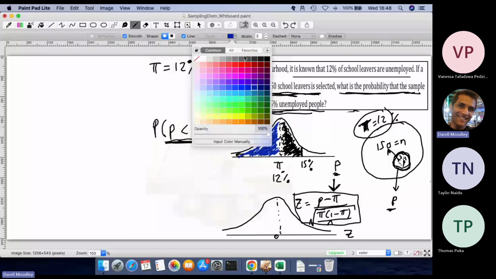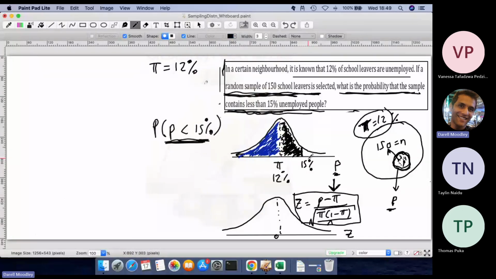We need to convert this 15% to a Z value and find the equivalent Z value here. We use this formula, and I'll rewrite it: Z equals P minus pi all over the square root of pi times 1 minus pi all over n.